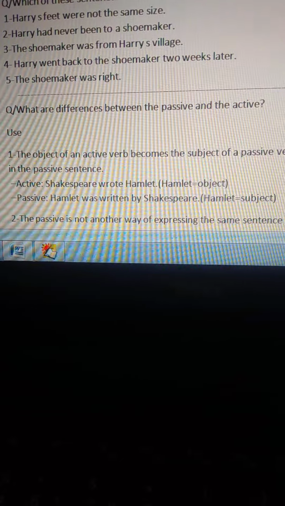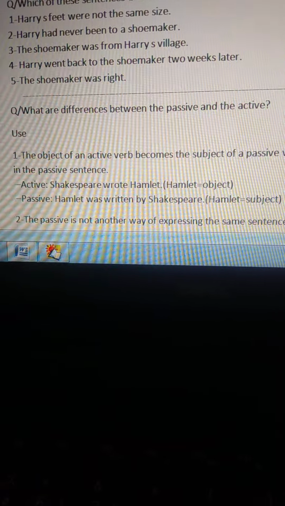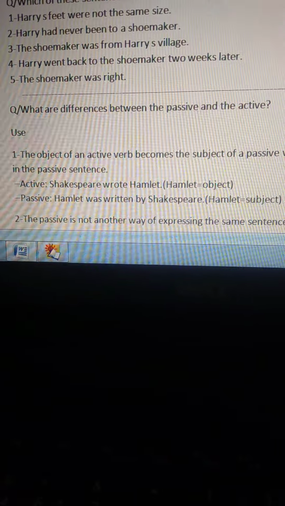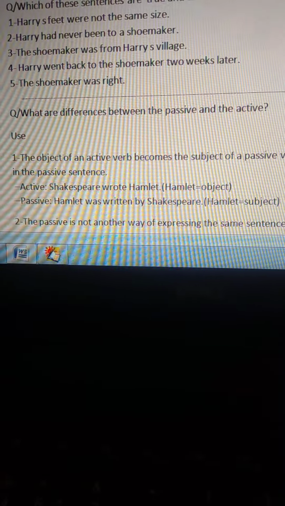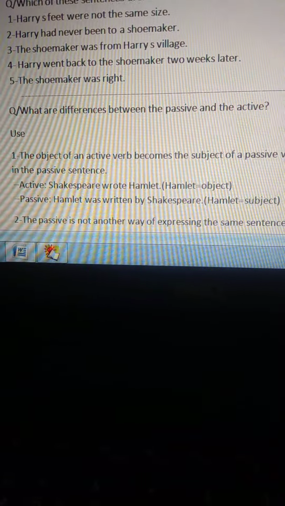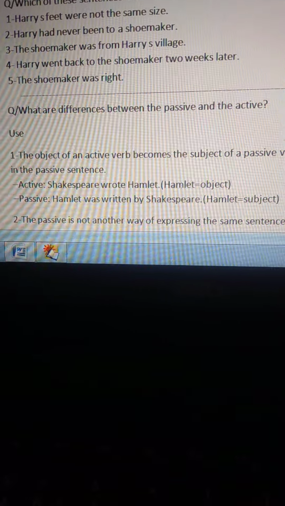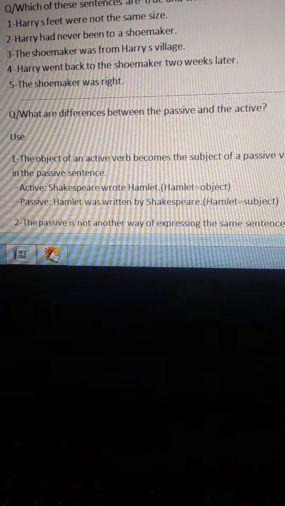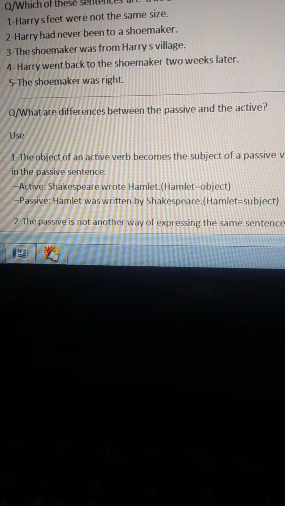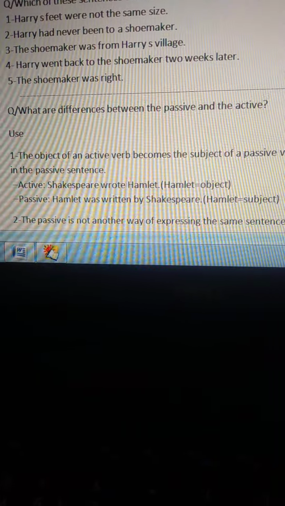Harry had never been to a shoemaker. 3. The shoemaker was from Harry's village. 4. Harry went back to the shoemaker 2 weeks later. 5. The shoemaker was right.